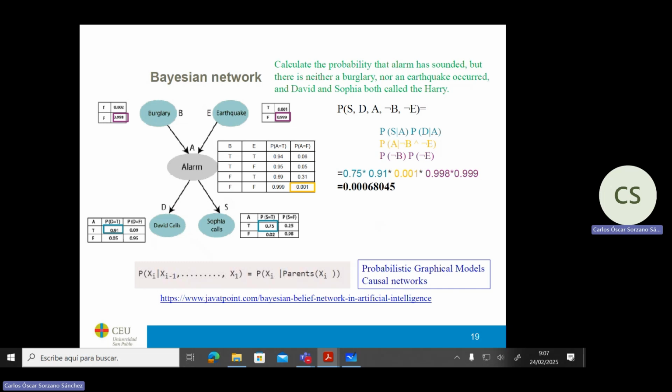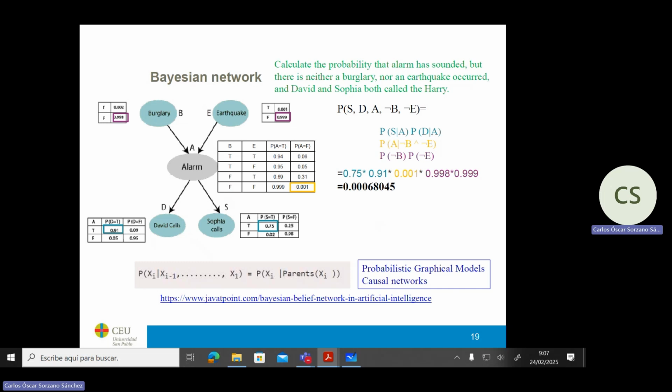Okay, so you can decompose the probability of this event according to this graph. According to the graph, the probability of Sophia calling you depends on the alarm. So probability of Sophia given the alarm, and the same for David.